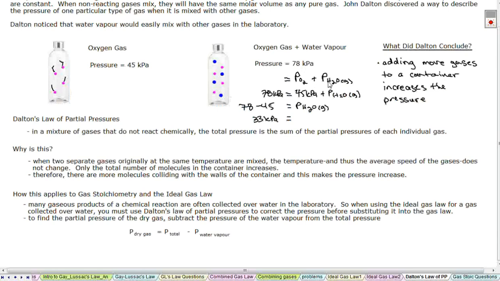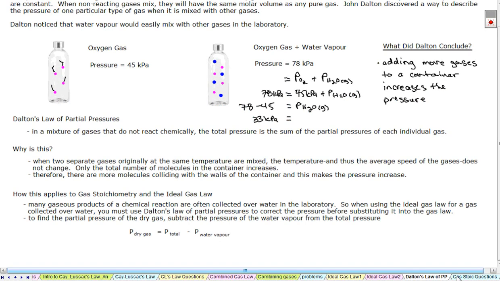In this case, what we actually determined was the pressure of the water vapor. In the case of a total pressure of gas produced, you would go to a chart and determine at that temperature what the pressure of the water would be, and then subtract that from the total to give you the dry gas.